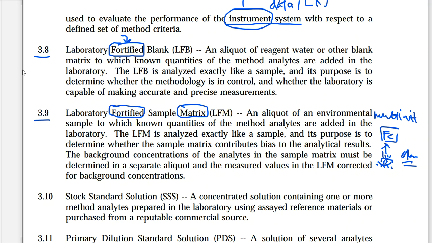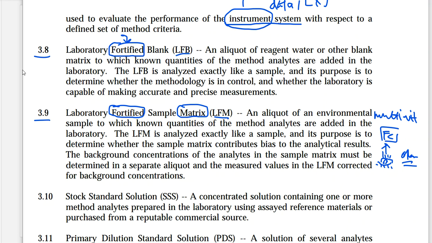So LFB and LFM. Those are the abbreviations that we use on our samples when we begin to process them in a laboratory. So let's just read the definition, and then I'll take a few minutes and explain this in Tracy terms versus EPA terminology, being all prim and proper, right?